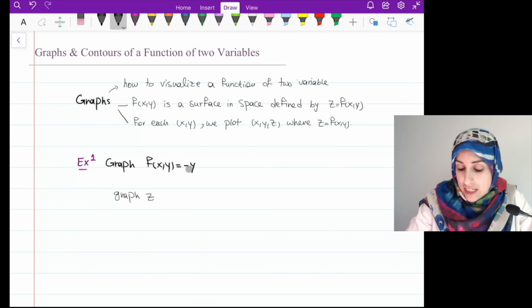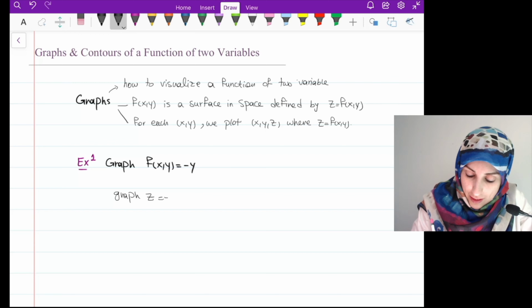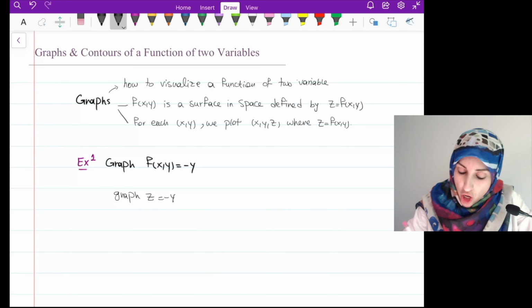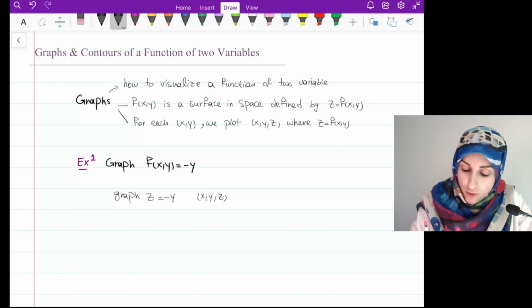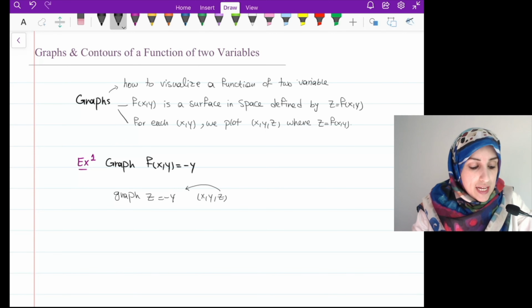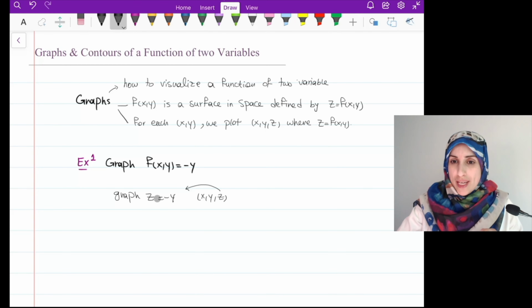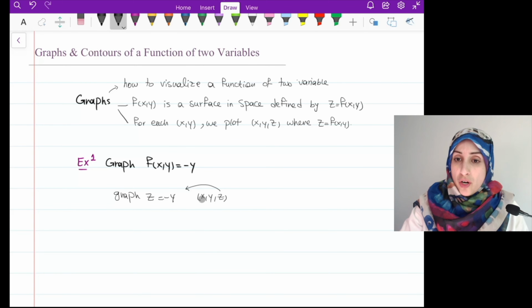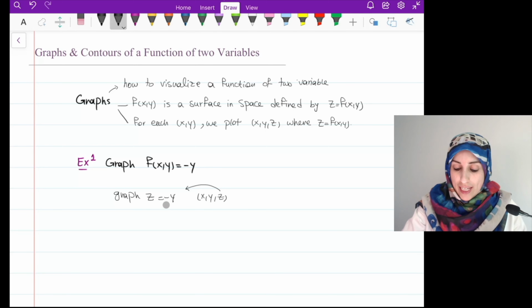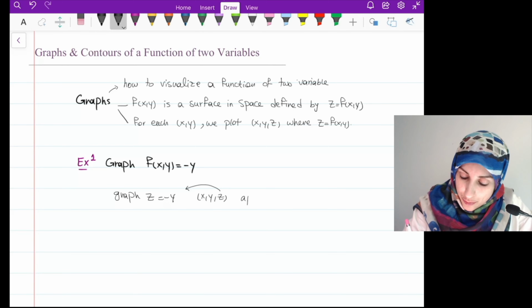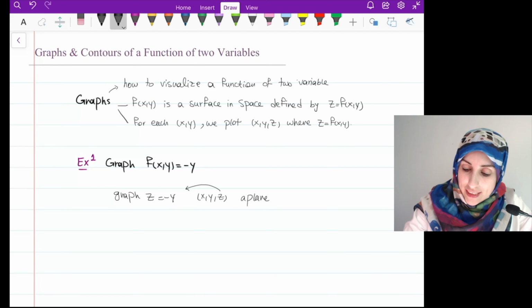Basically, I'm going to find all the points x, y, and z where z is equal to negative y. So when z is equal to negative y, x is free. If I plot z equals negative y in yz plane, I just have a line. But now that I'm in R3, x is free, so that's why I get a plane. It's a plane. So let's see how I graph it.